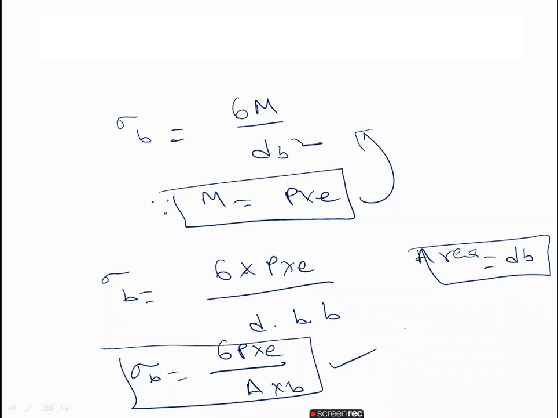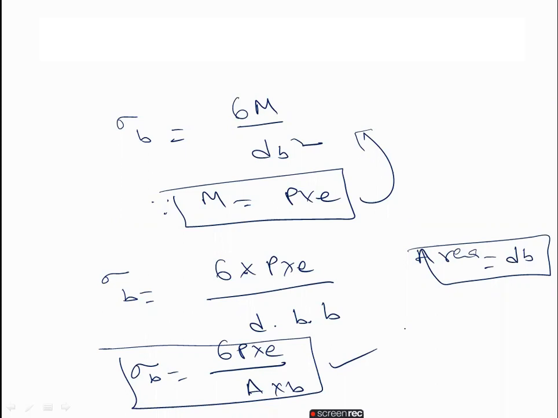Hence the direct stress is compressive, and the bending stress will also be compressive towards the right of the yy axis. Similarly, on the left side of the yy axis, taking compressive stress as positive and tensile stress as negative, we can find the maximum and minimum stresses at the extremities of the section.